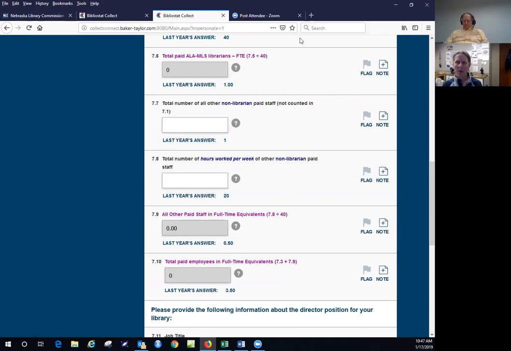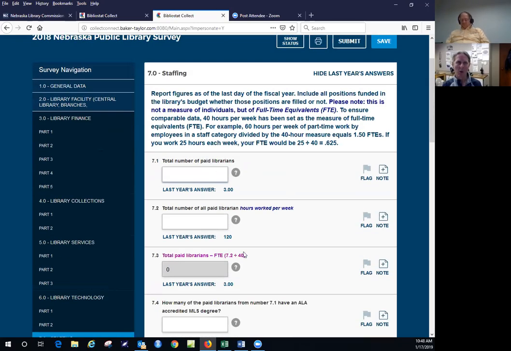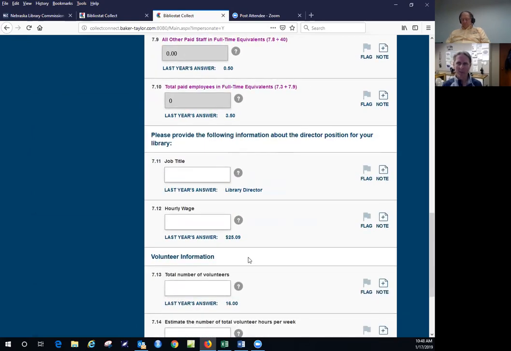You can then enter a note at the end and say that last year you counted in the other paid staff this person and what their job title is, and this year you counted them as a paid librarian, because they typically do library work.